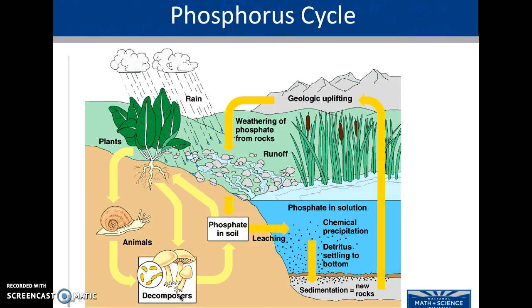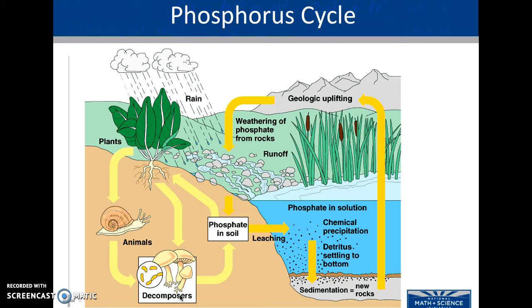Once that weathering occurs, so wind, sandblasting, snow, any sort of geological movement, it's going to end up in runoff through rain and rivers and things like that. Once it gets into the runoff, eventually it will reach some sort of large body of water. It's going to become phosphorus in solution, which we call phosphate.